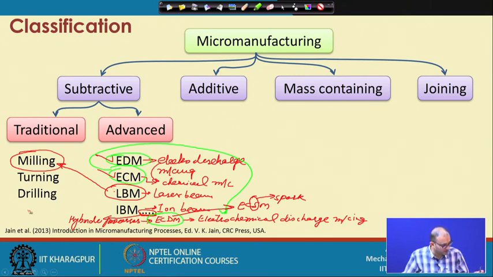But suppose this is your milling cutter and this is your workpiece, and you are moving in this direction and you provide one laser beam here. So, this particular material becomes a little bit soft.